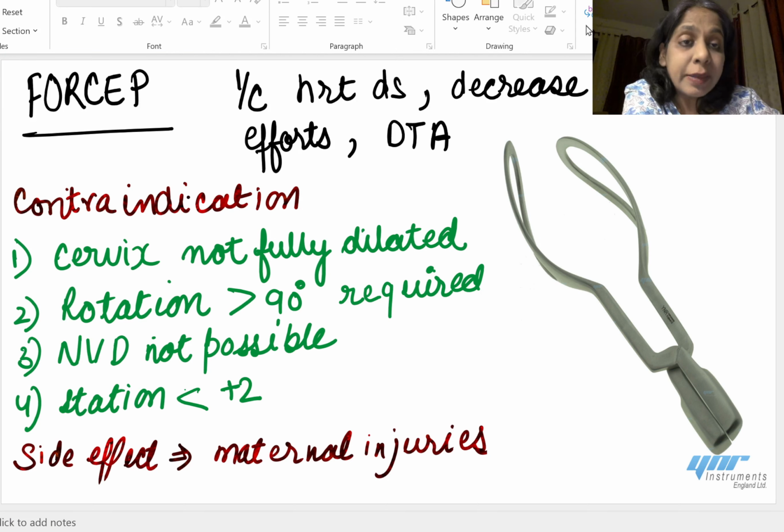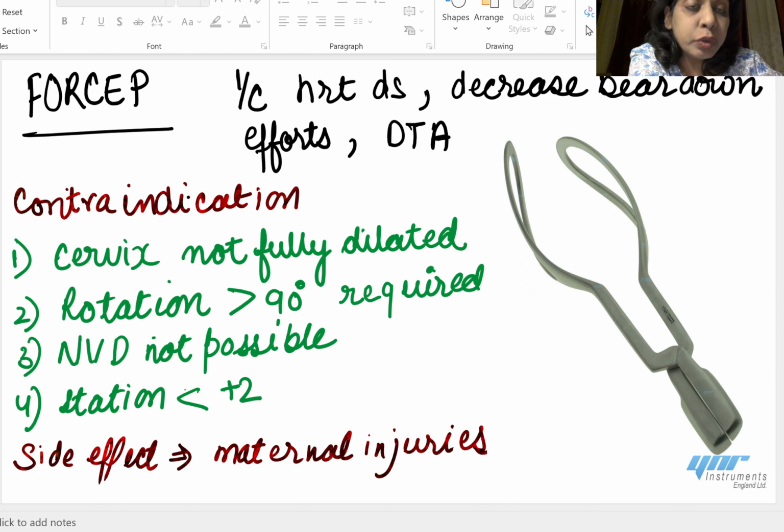Now what is forceps? Forceps is the instrument which we use to pull the fetus out of the vagina. So what are the indications? Its indications are heart disease. When the mother has heart disease, just to cut short the second stage, we apply the forceps.